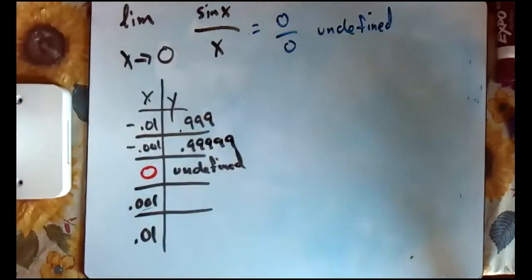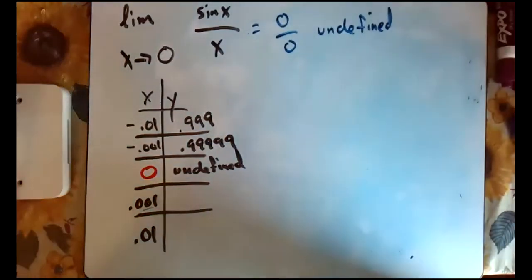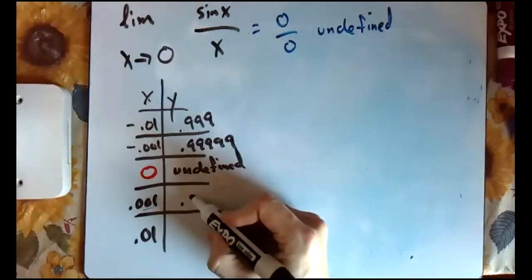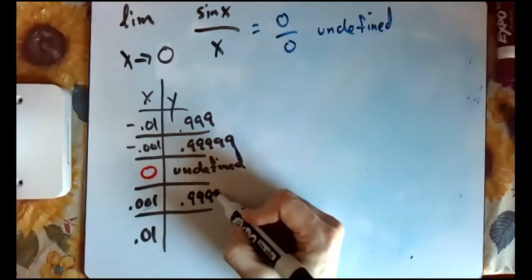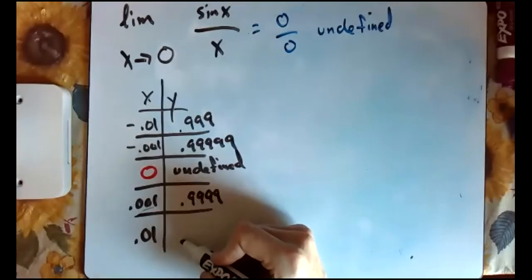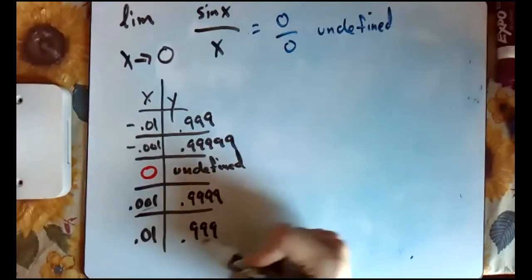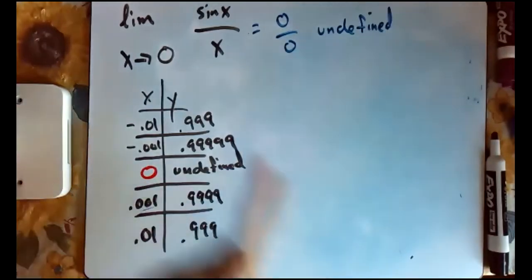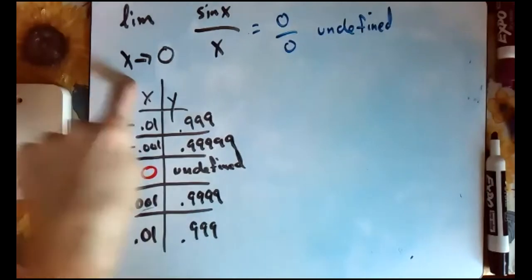You notice it looks like it's getting closer to 1. Let's see what's happening on the other side. If you plug 0.001 in, you also get 0.9999, basically four nines. 0.01 is going to give you 0.999.